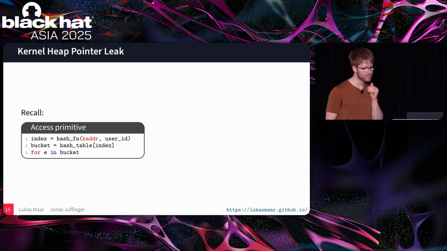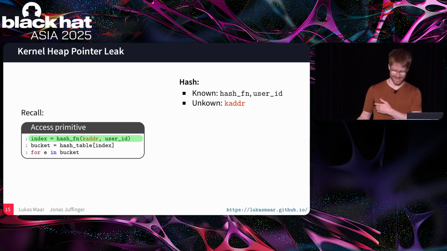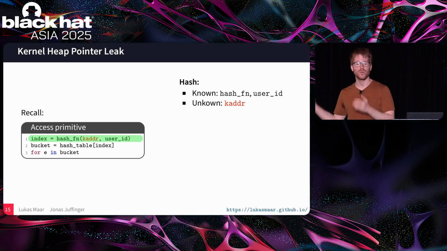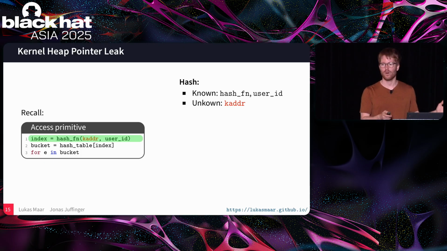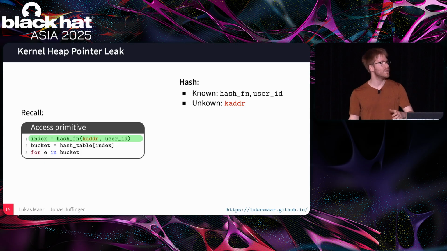Okay, so. Let's recap the access primitive again. The access primitive takes one kernel address and one user identifier from the syscall arguments, and it calculates a hash to obtain the index for indexing the hash table.